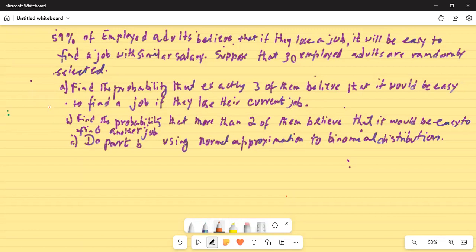So let's take up part A, solution. So exactly 3. So we are going to use TI-84. So in TI-84, we will press the key second first, then the verse key, which is in the third row.